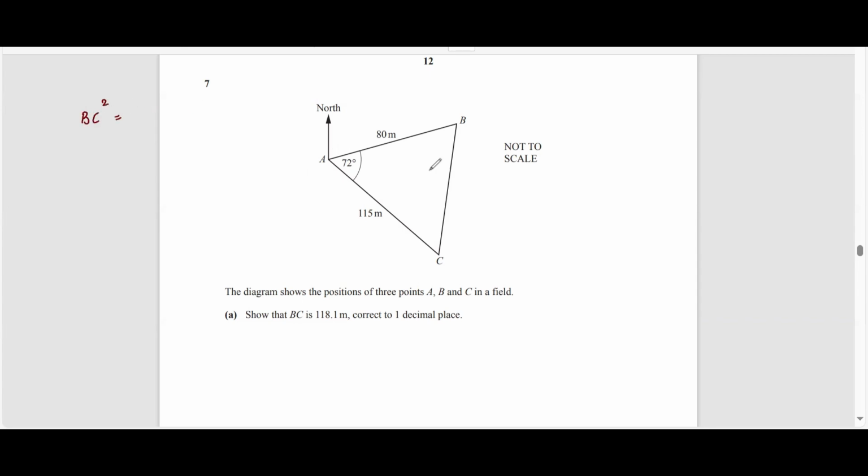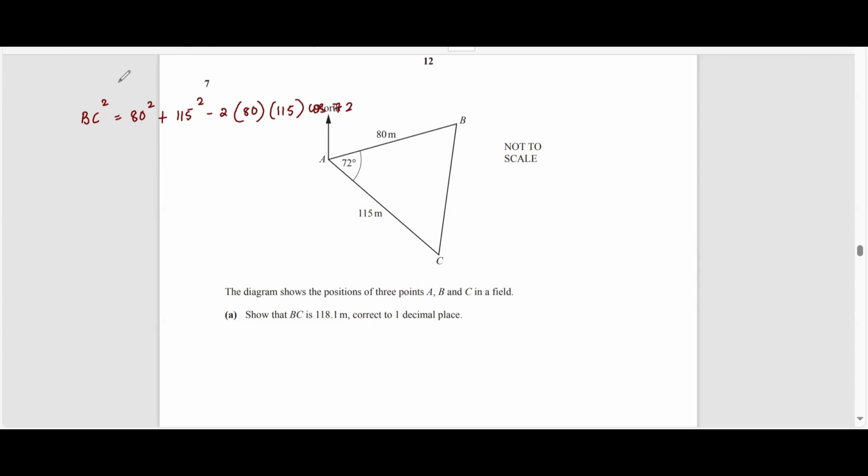BC square is equal to 80 square plus 115 square minus 2 into 80 into 115 into cos of the angle, that is 72.